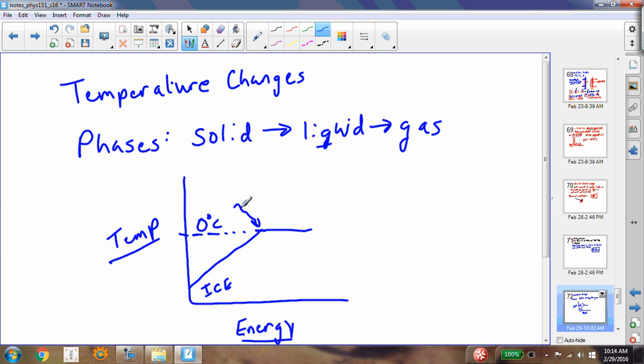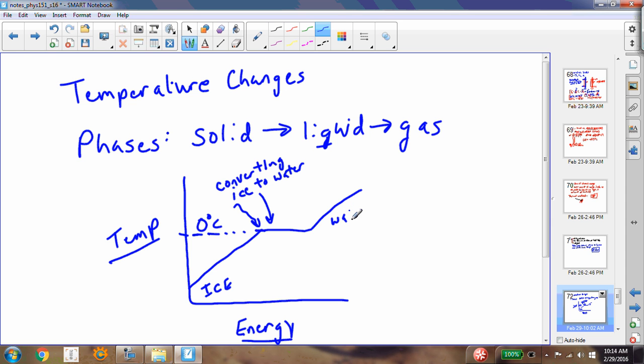So in this place right here, we are converting ice to water. Because it requires a certain amount of energy to take those ice crystals and tear them apart and create this liquid water. And then when it's all converted to water, it begins to increase temperature again.